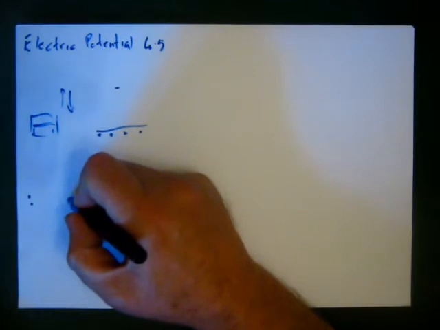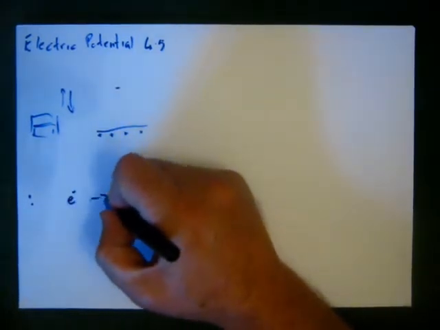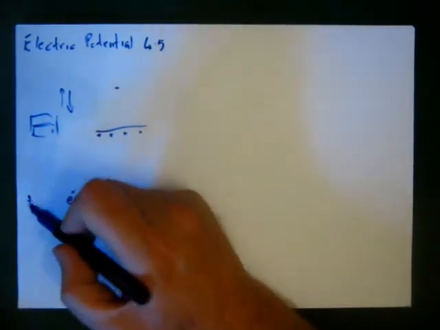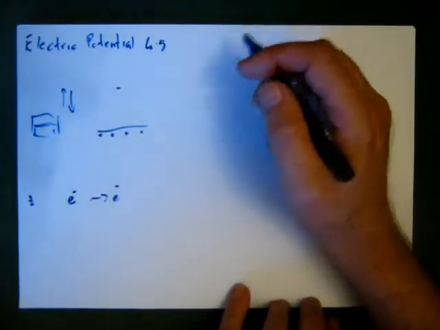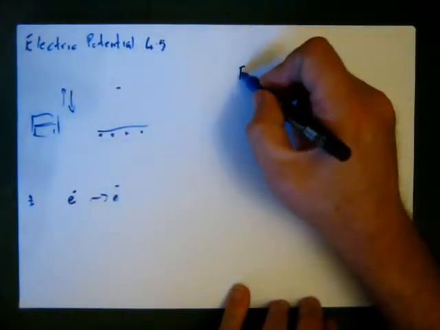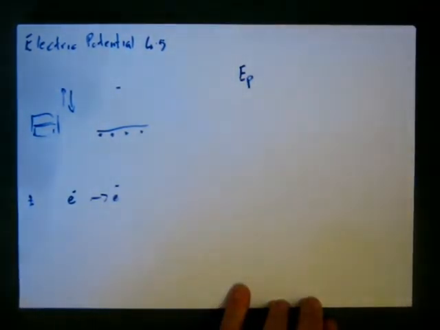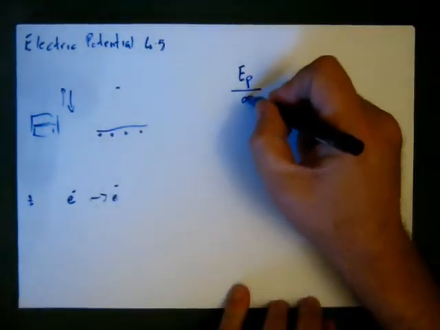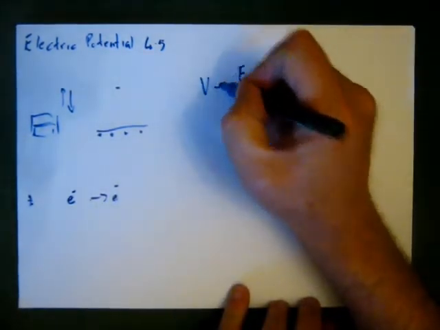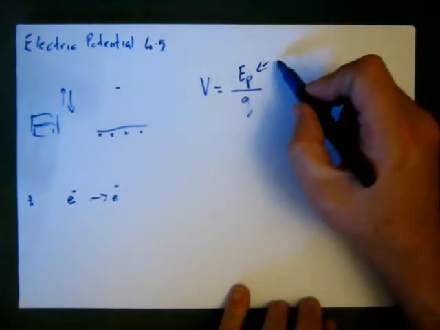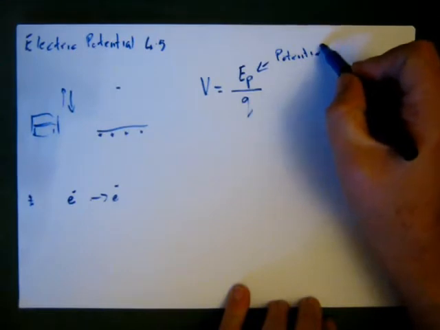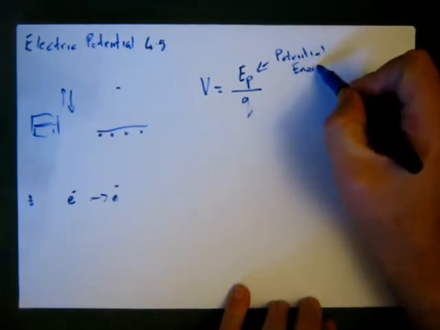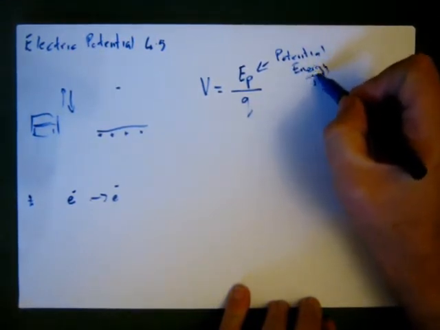And if I shift my electron from there to there, what is the change in energy? Basically, we can say the change in electric potential energy, divided by the amount of charge that we've got, is going to equal the potential voltage. This is potential energy, in joules.